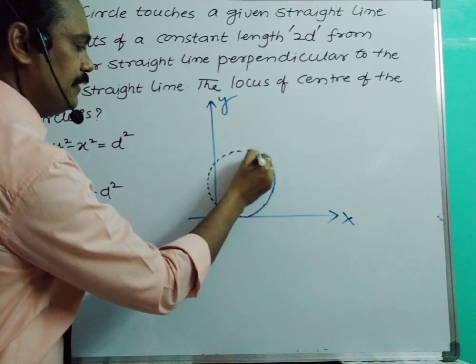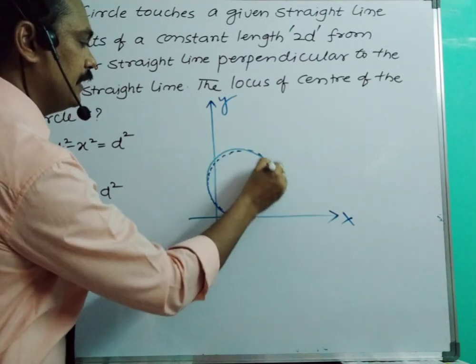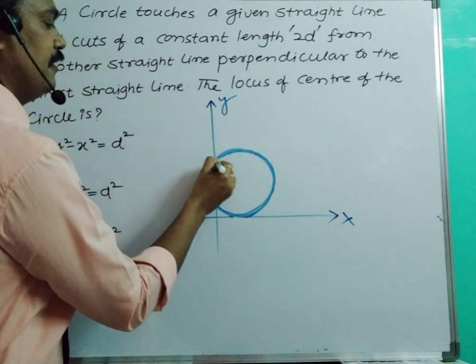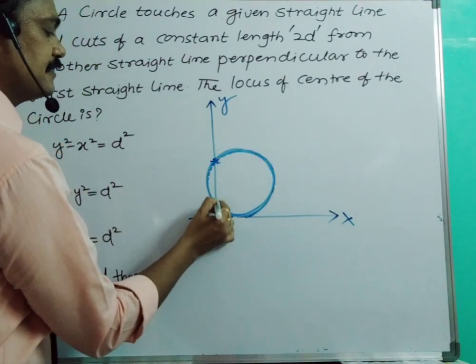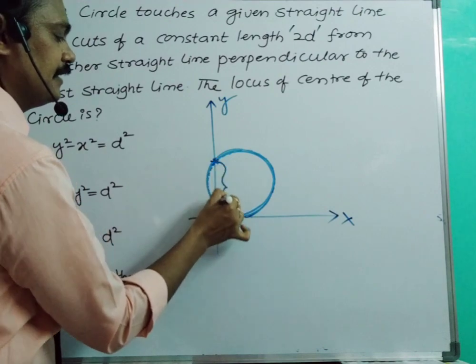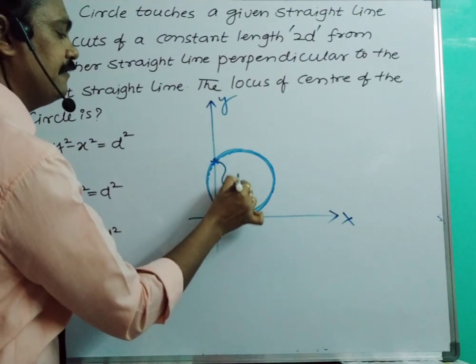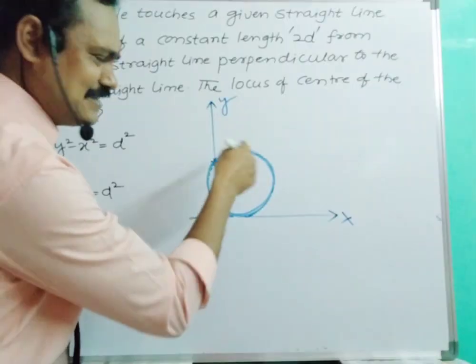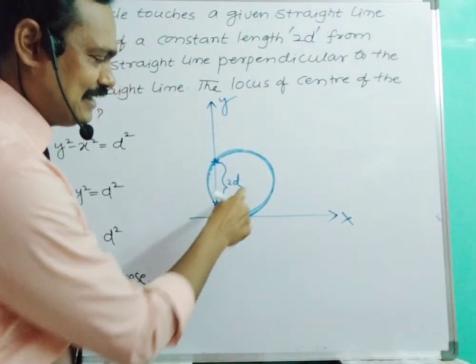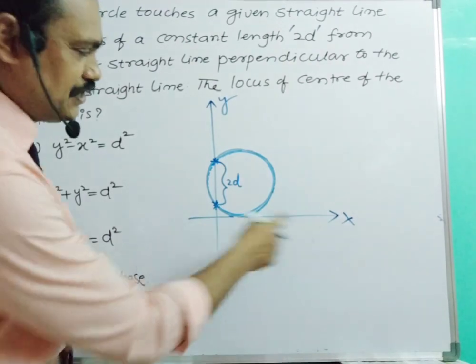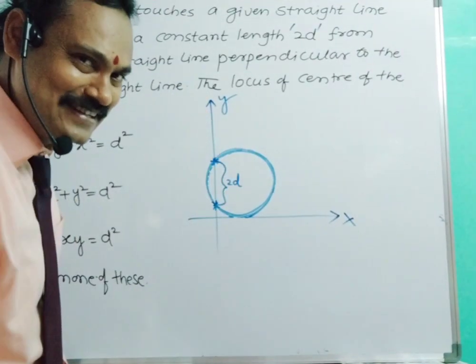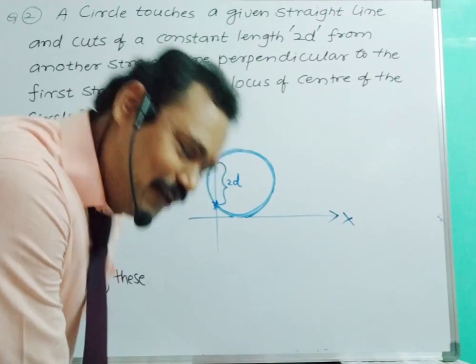Observe carefully: touching the x-axis and intersecting the second line, the y-axis, with a length of 2d as given. So our circle is touching the x-axis and making some intercept on the y-axis.